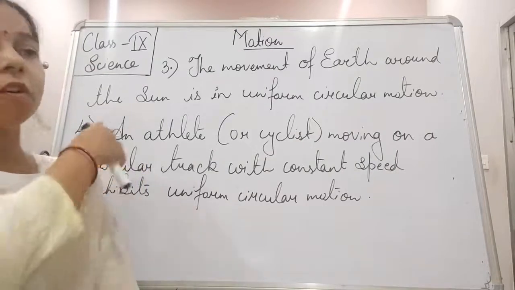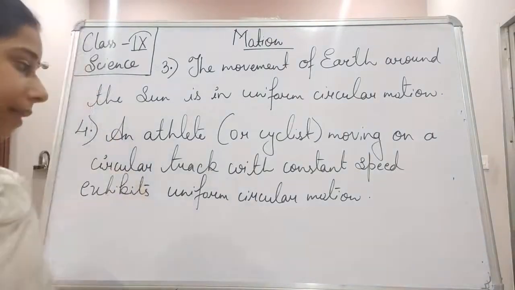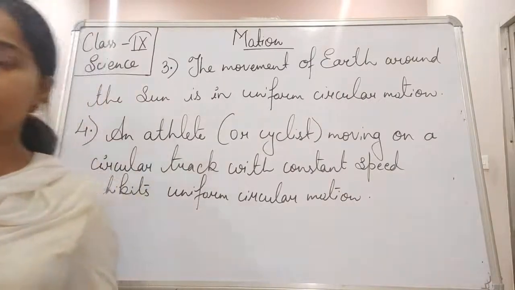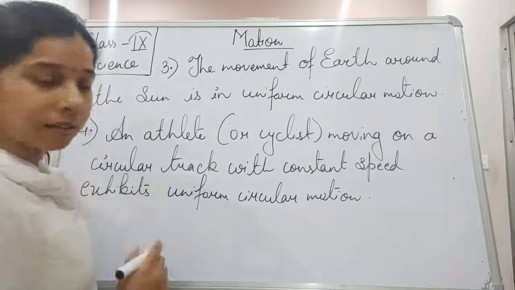So a cyclist moving on a circular track, students, is also an example of uniform circular motion. Then the tips of the second hand.